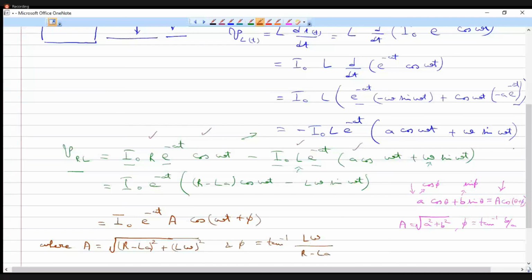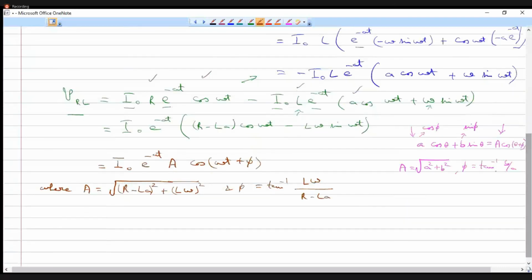So I can write it like this, or I can simplify this more by multiplying I naught into A, as having a dimension of voltage. If you do the dimensional analysis here, e power minus αt is a dimensionless quantity and cos of some value is also dimensionless. Whatever here I have, I naught has a dimension of current, and A should have the dimension of resistance or reactance, ohm.